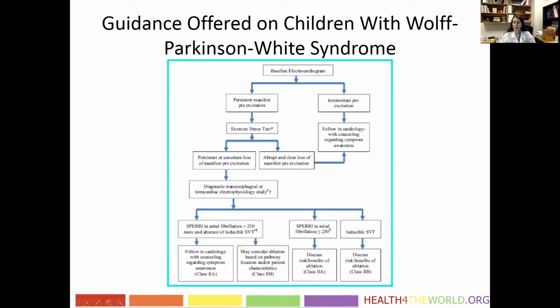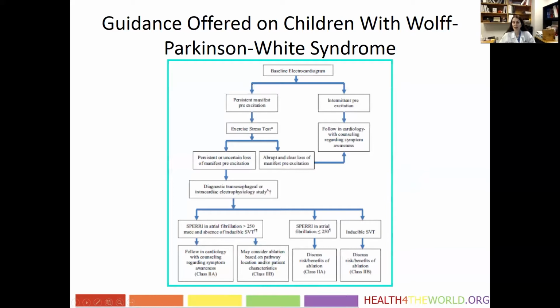If during the atrial fibrillation the conduction is very fast, over 250 beats per minute, then the patient has to be referred for a catheter ablation.